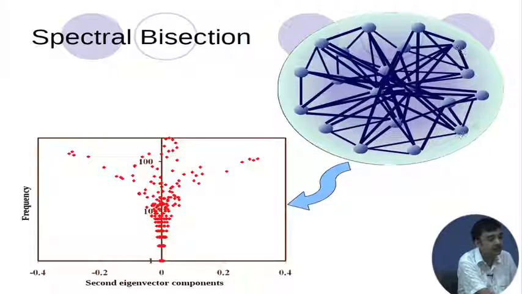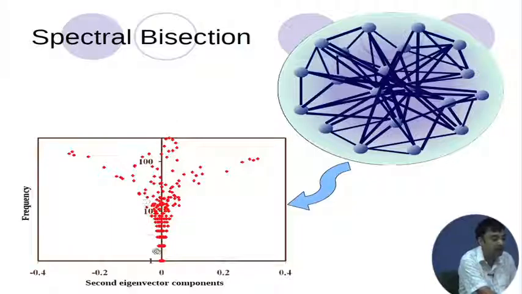Let us consider that this is our sample graph here. If you plot the components of the second eigenvector, the V2n's that we have seen, with the y axis being the degree of the node, you get a structure like this. It defines two dominant classes very nicely: a negative class, where the entries are predominantly negative, and a positive class, where the entries are predominantly positive.